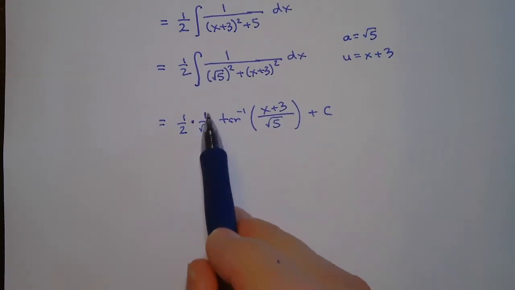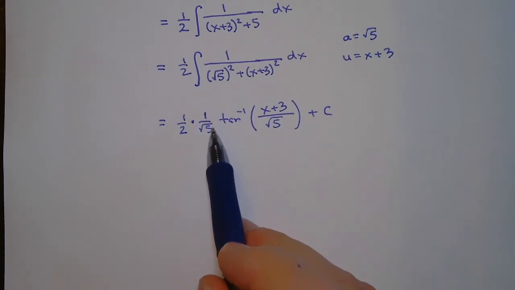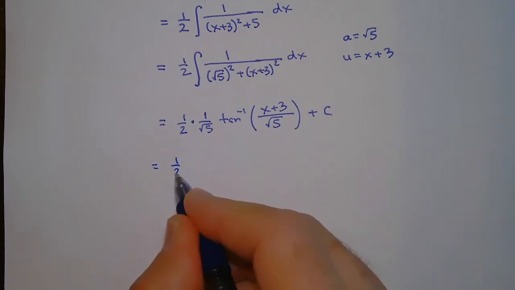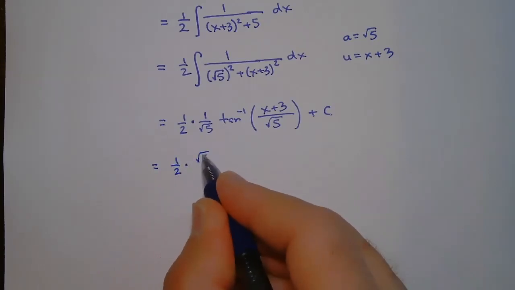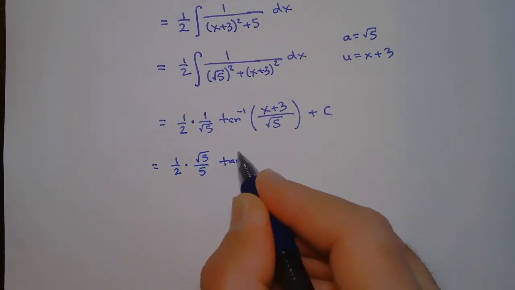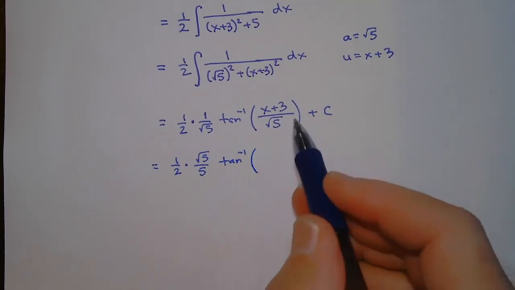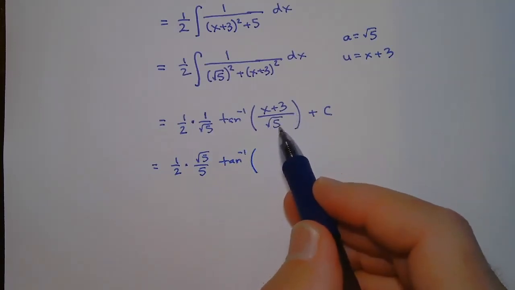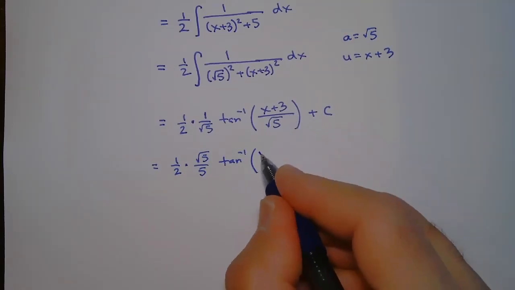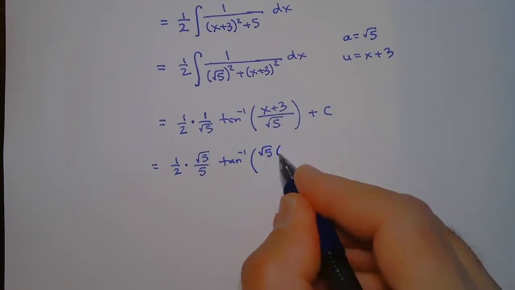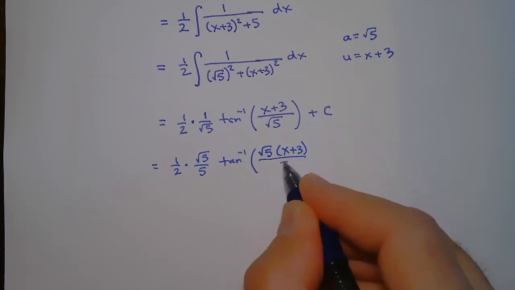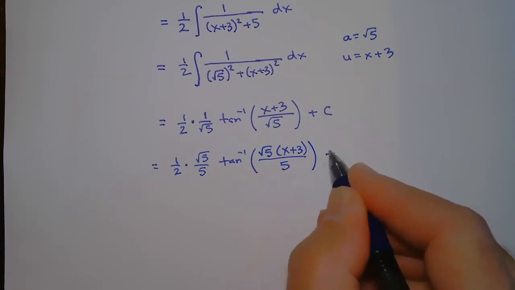So this 1 over the square root of 5 becomes the square root of 5 over 5. So this is 1 over 2 times the square root of 5 over 5, tan inverse of, and we don't want to leave square root of 5 in the denominator here either. So I'm going to multiply top and bottom by the square root of 5, and so this becomes the square root of 5 times x plus 3 in parentheses over 5, and then plus c.